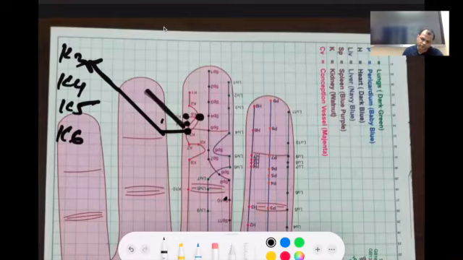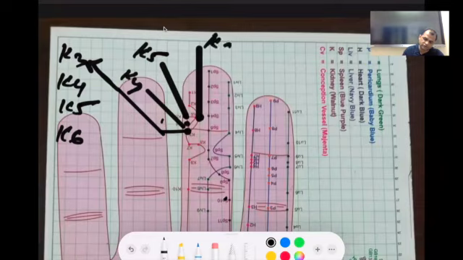It is the same imagination as the leg, if you know the meridian in the leg. Even in the finger, meridian points move in the same way.